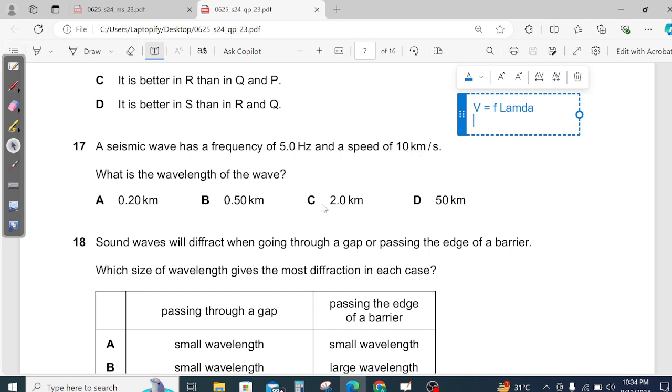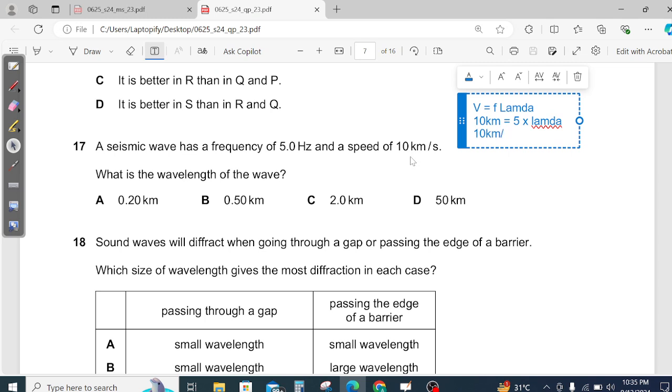If you look at the options, the wavelength is also in kilometers, so you don't need to use 1000 to replace kilo. You would write it as it is, 10 kilometer, is equal to frequency 5 multiplied by lambda.